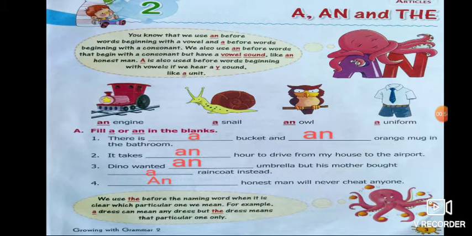We also use an before the words that begin with a consonant but have a vowel sound, like an honest man.